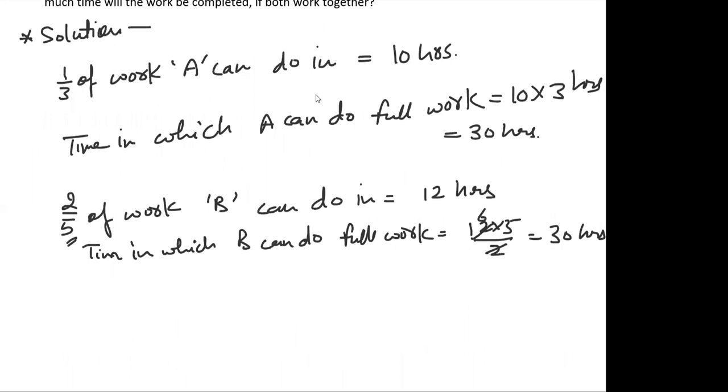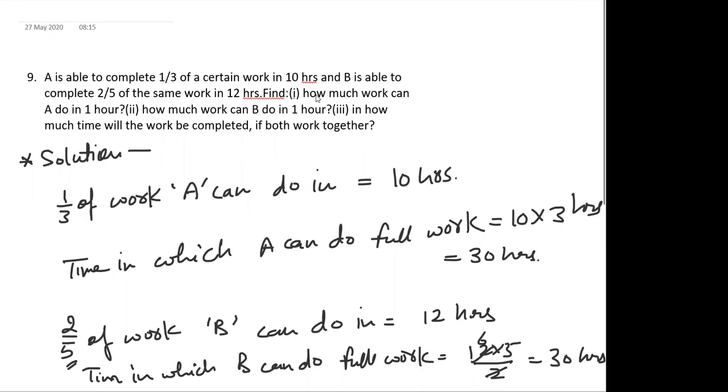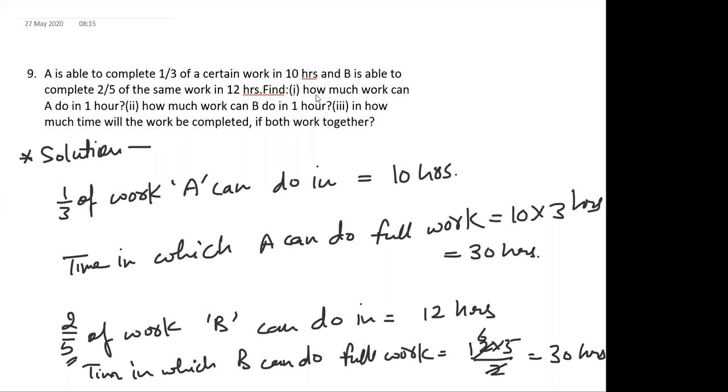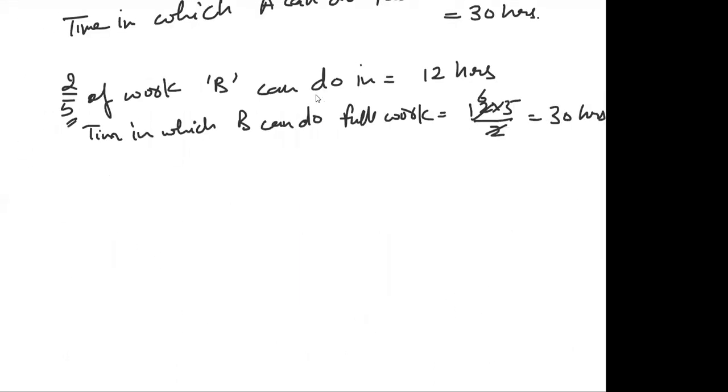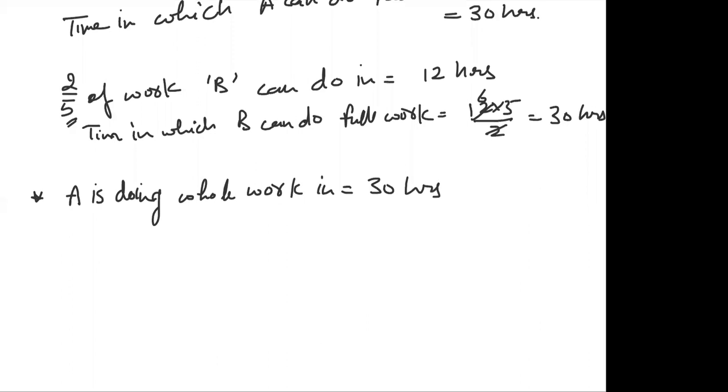So the first part is asking how much work can A do in 1 hour. If A is doing the whole work in 30 hours, this is the answer of part 1.